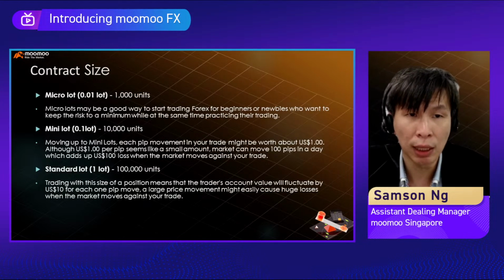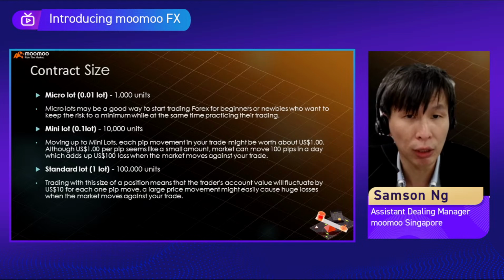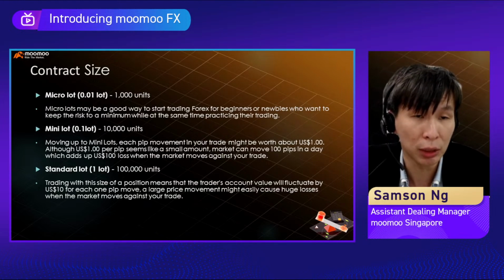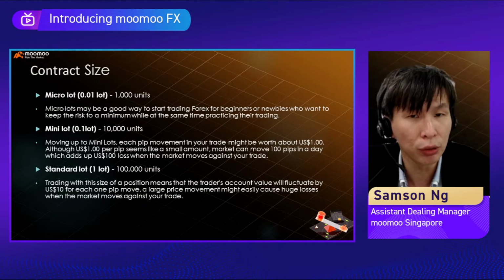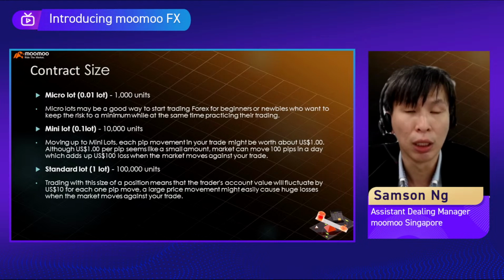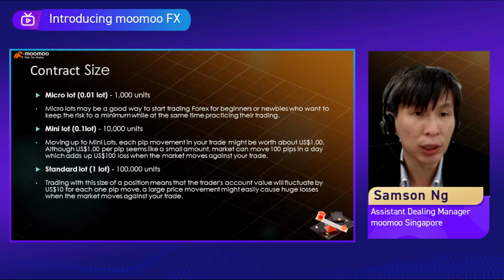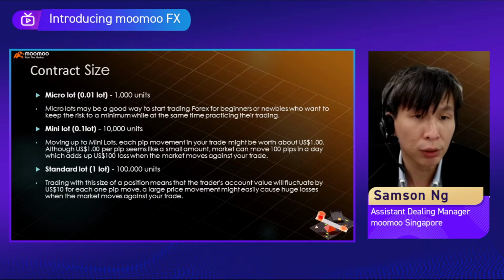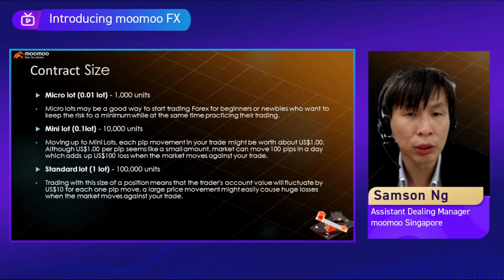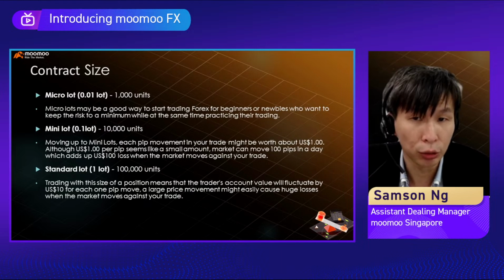Okay, next, let us look at the contract size for FX trading. The minimum trading volume for FX is known as micro lot, 0.01 lot, equivalent to 1,000 unit or $1,000 value. Using micro lot is a good start for beginners and newbies who want to keep the risk to a minimum, but at the same time practice their trading strategy. When you become more comfortable trading FX, you may want to try using mini lot.